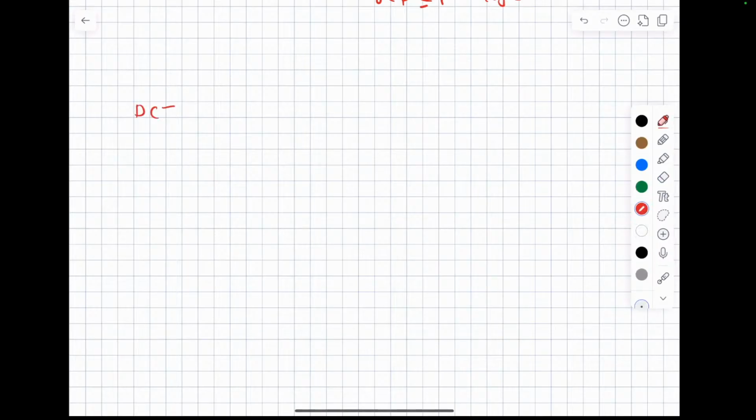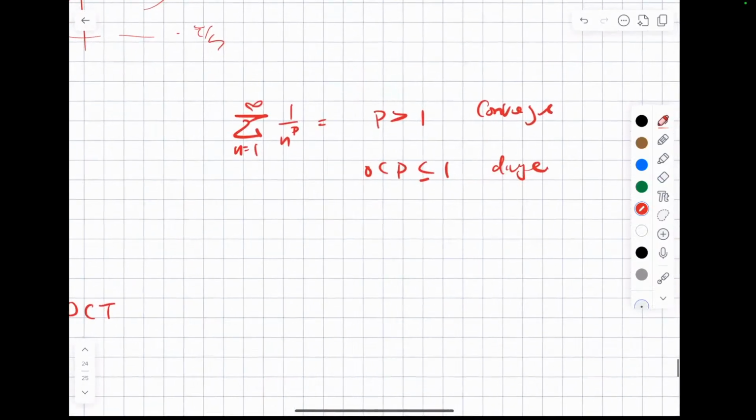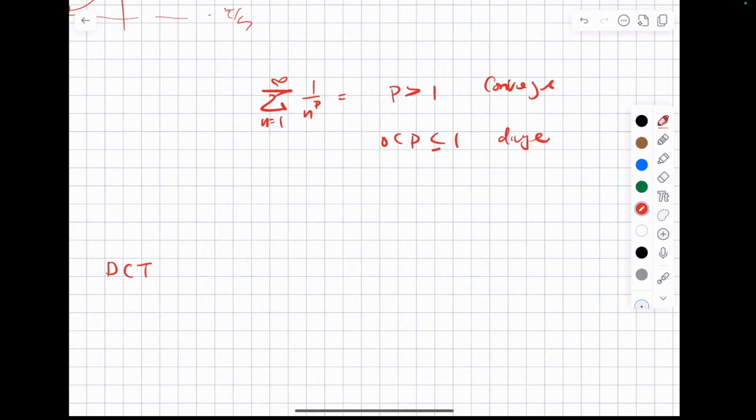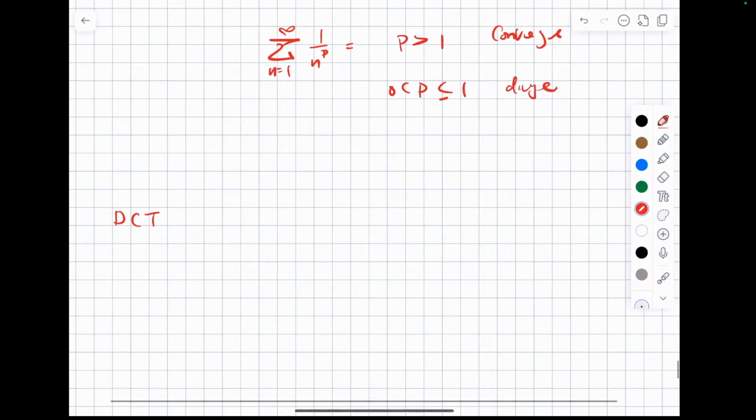So DCT. Wait, let's go back up. DCT is the direct comparison test. It is a little bit different. DCT: the summation from n equals 1 to infinity, where 0 is less than a_n less than b_n.